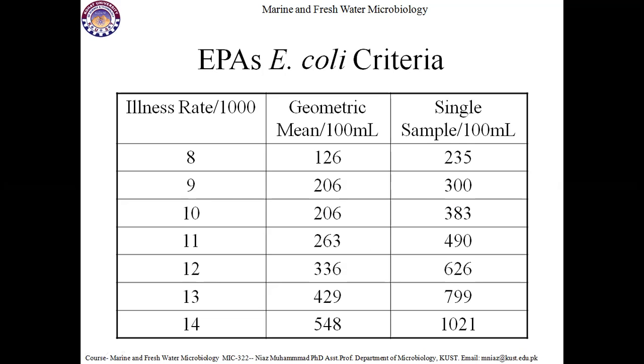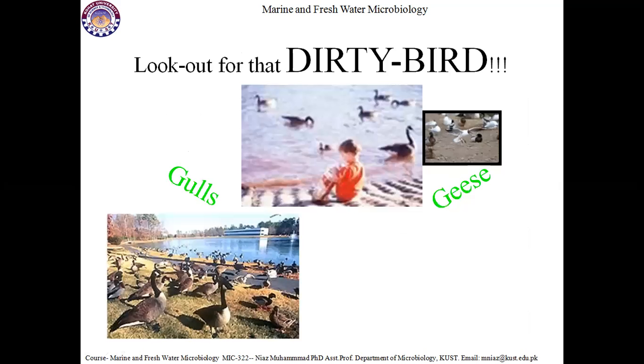And this is for E. coli. Look out for dirty birds, because up to this point we were thinking that only humans are responsible for contaminating water bodies, but many other creatures are also responsible for contaminating surface water. These are geese, gulls, and birds, mostly birds.